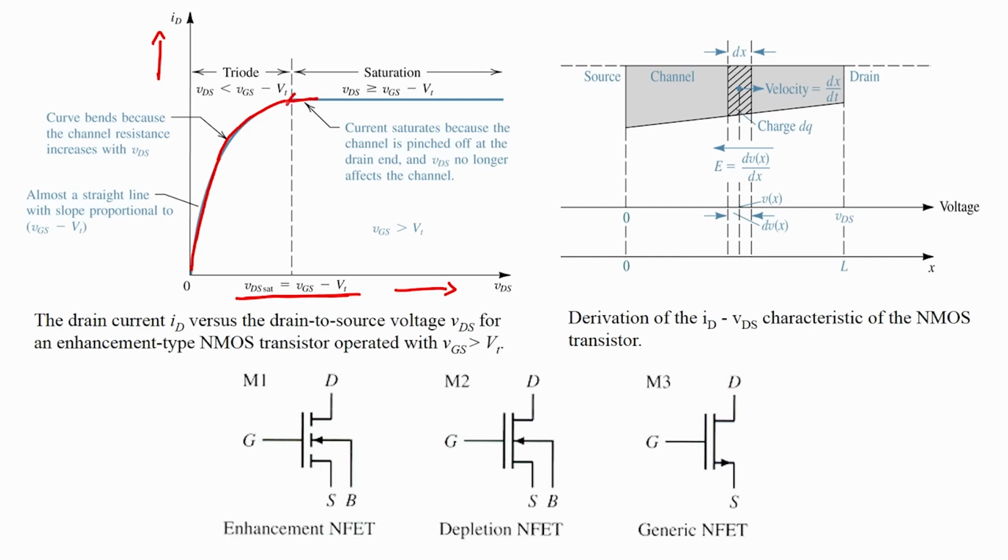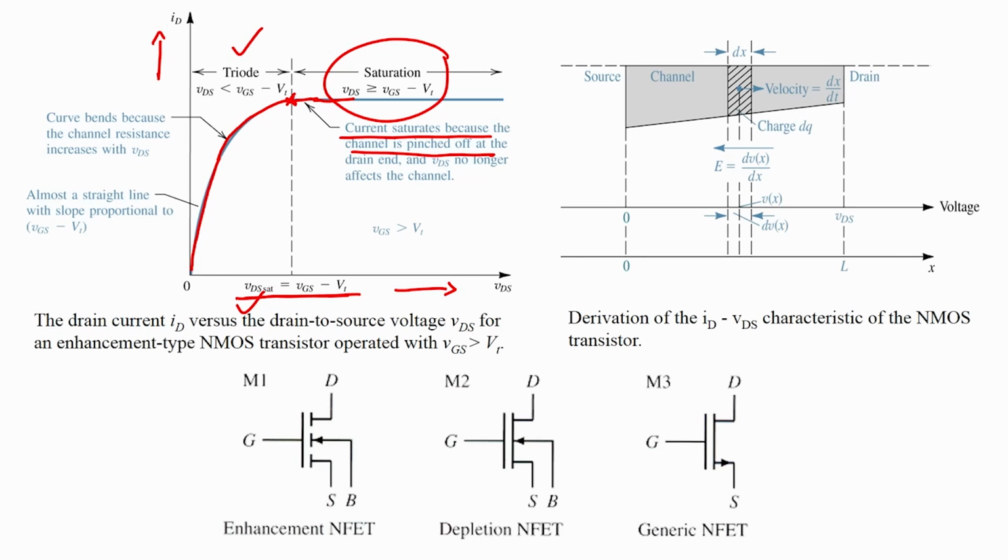This is your VDS saturation, and this region is your triode region. Once it saturates, the current saturates because the channel is pinched off. This is the pinch-off voltage, and in the saturation region VDS is greater than VGS minus Vt.